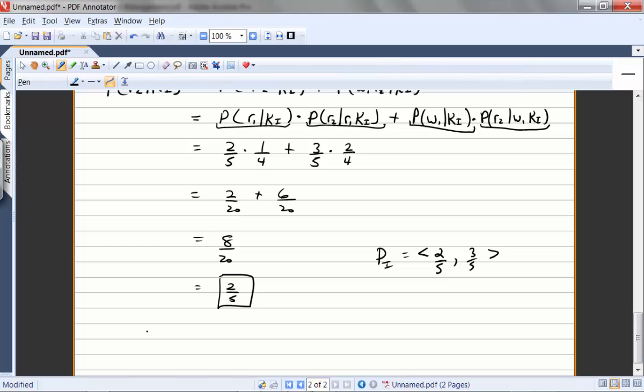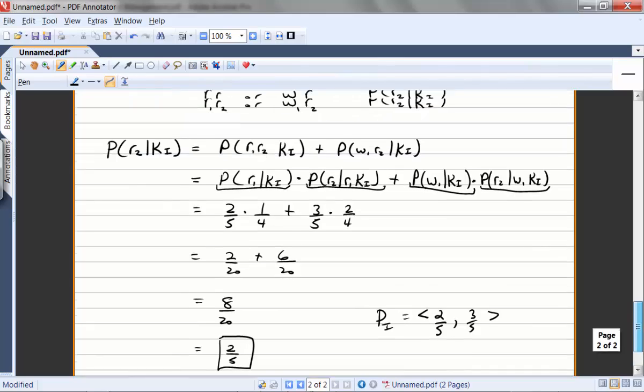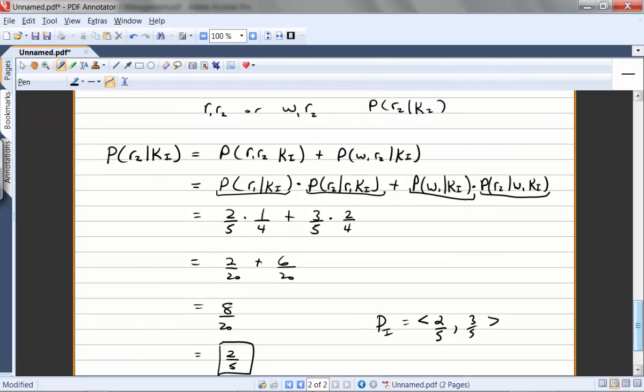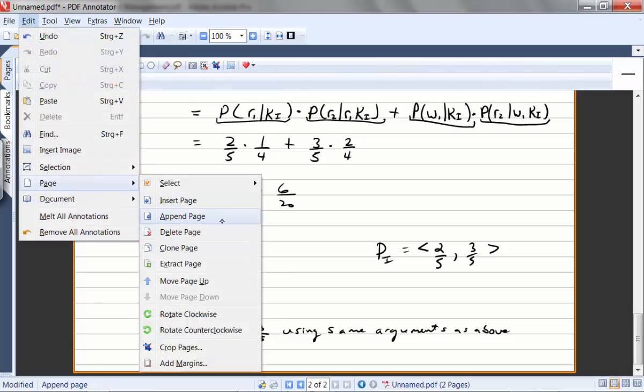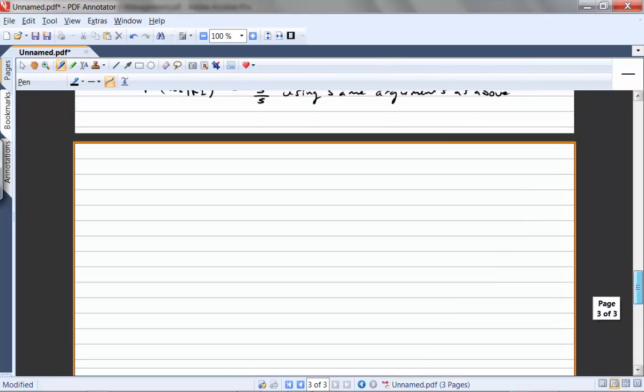So the probability that white is drawn on the second draw, but only given our initial knowledge, is 3 over 5, using the same mathematical arguments as above. So our initial probabilities are 2/5, 3/5.